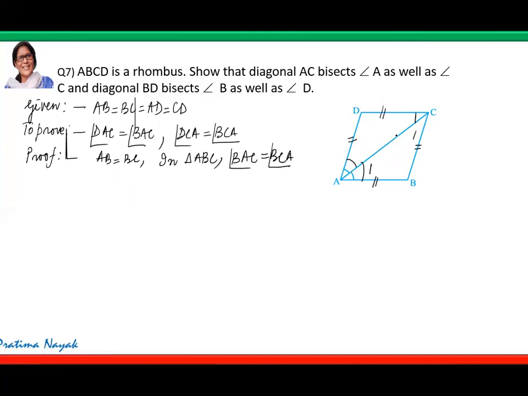Now 1 is equal to the alternate angle 2. So BAC is equal to DCA. Why? Alternate angle.